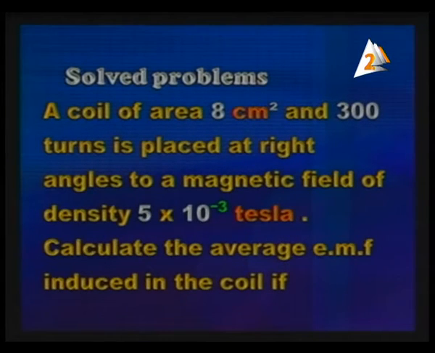And now let's try to solve some problems. First problem: a coil of area 8 centimeter squared and 300 turns is placed at right angles to a magnetic field of density 5 times 10 to the power negative 3 Tesla.